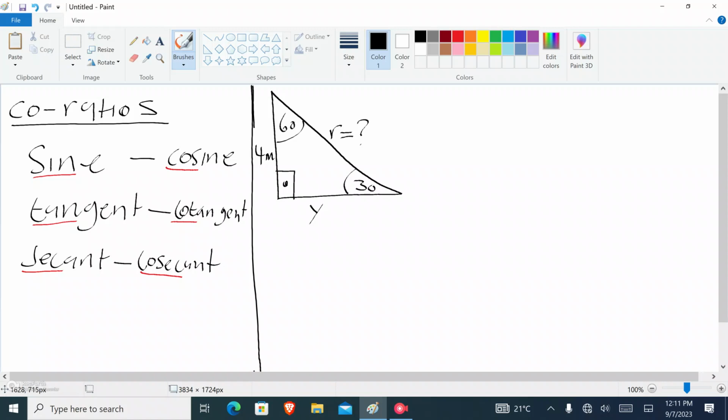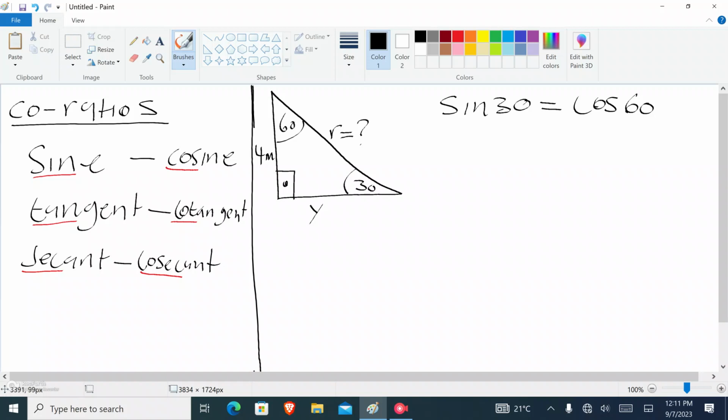Now if you use the co-ratio, let's look at our co-ratios there. How are we going to use them? For example, if you say sine 30, the co-ratio of sine 30 is cos, but cos what? 60.